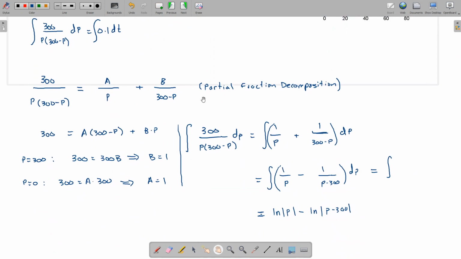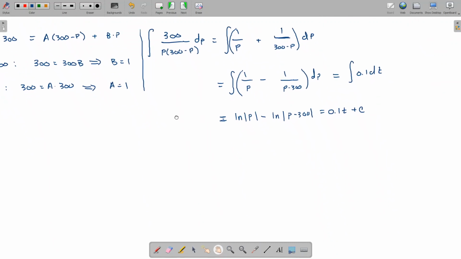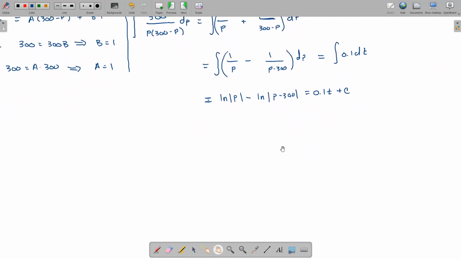So let's bring that back down. We need to integrate that side. That's just going to be 0.1 t plus a constant c. Okay, so that's our solution. Let's actually get rid of the equal sign right here.